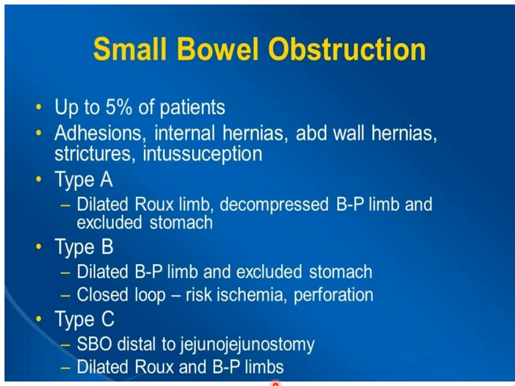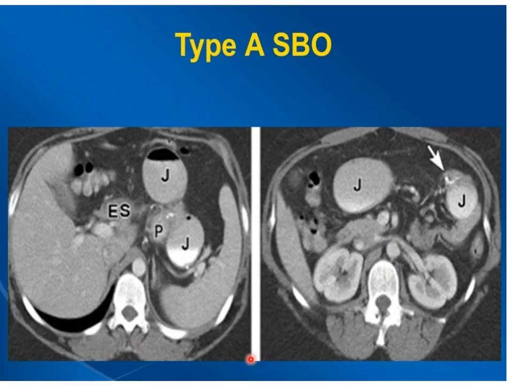Type C, so to the jejunostomy, there will be small bowel obstruction distal to the jejunostomy, and dilated Roux limb and the biliopancreatic limb also. Yeah, all of them. There will be dilatation in all GIT. Here, if you see, the excluded stomach, as is shown here, is compressed.